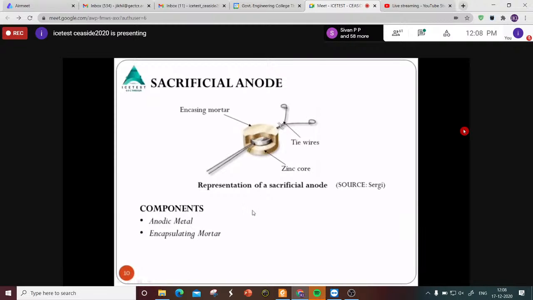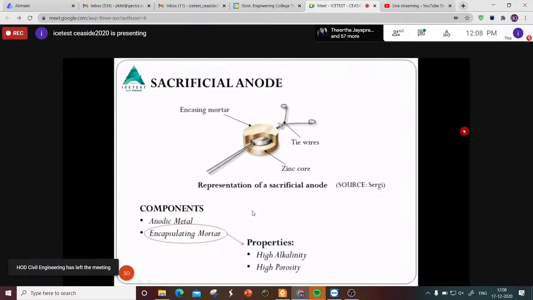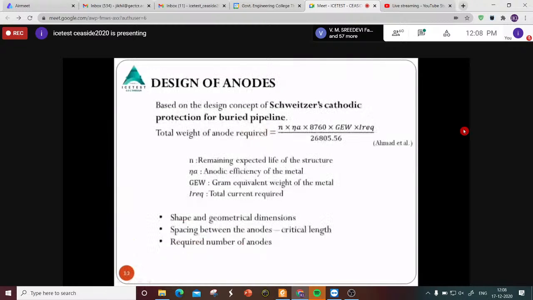The encapsulating mortar is very important because it has two major properties: high alkalinity and high porosity. It should have high alkalinity to promote anodic dissolution and provide galvanic protection to the steel against corrosion, and high porosity to accommodate the corrosion products and to ensure that no stresses of any kind arise around the metal core to initiate the reaction.